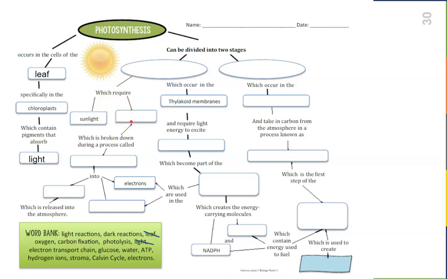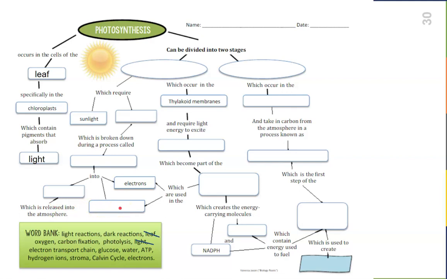Water, right? And then water is broken down in a process called photolysis. It's not one of our vocabulary words, so we get electrons, but then we also get what? Oxygen and hydrogen.